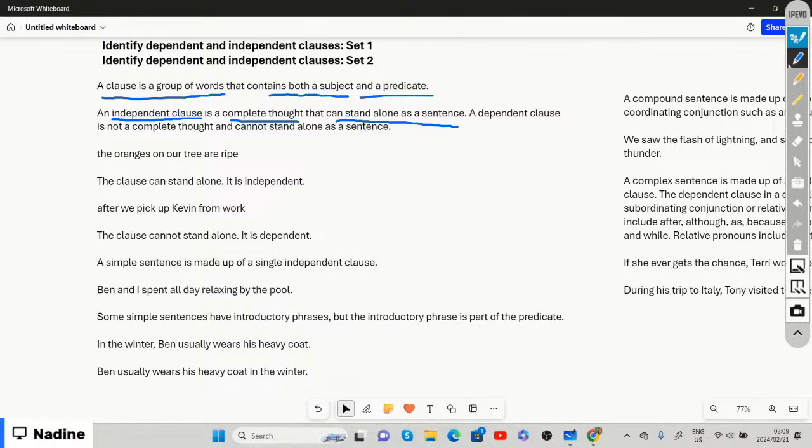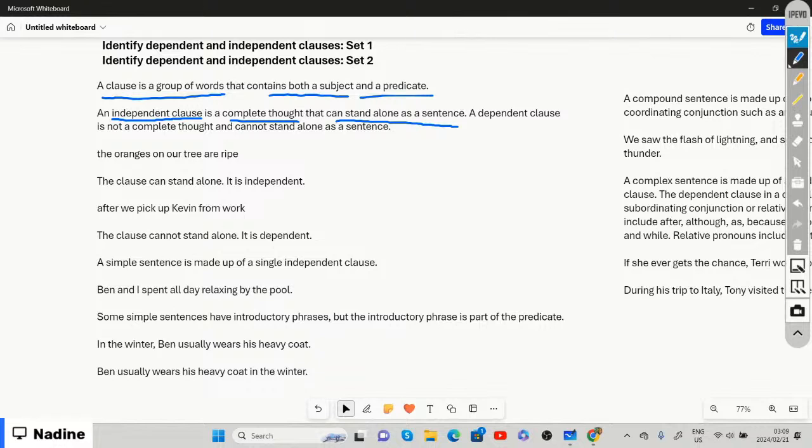To make it easier, think of somebody who's independent, they stand on their own, they got their own thing going. So think of an independent clause as someone or something that can stand on its own. It's a complete thought and it can stand alone as a sentence.